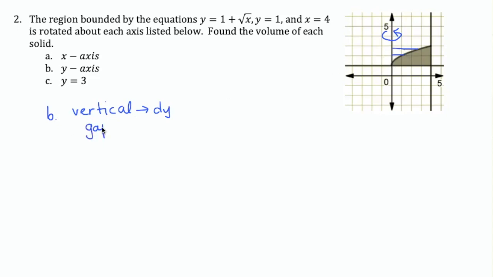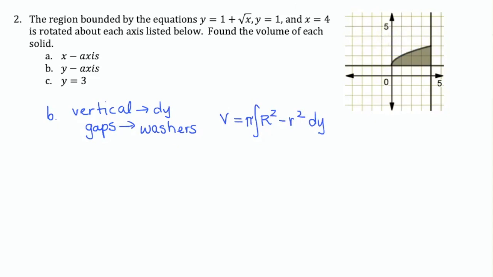So since I have gaps, that means I'm going to be creating donuts that will have holes in the middle, or washers, when I revolve around this axis. So together that tells me that I'm going to want to integrate the two radiuses squared dy.